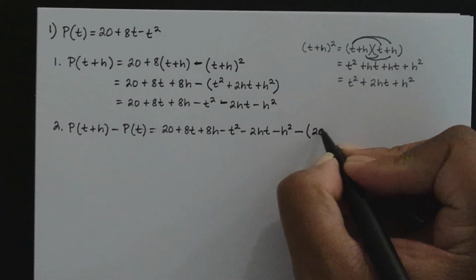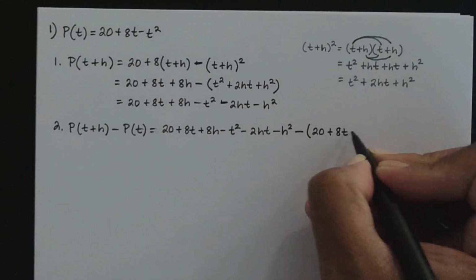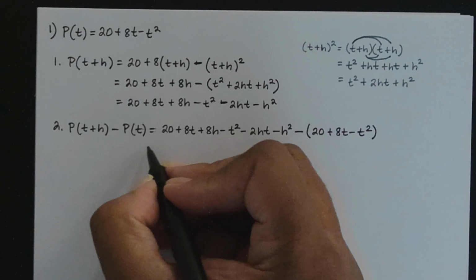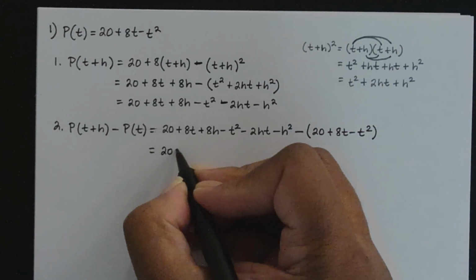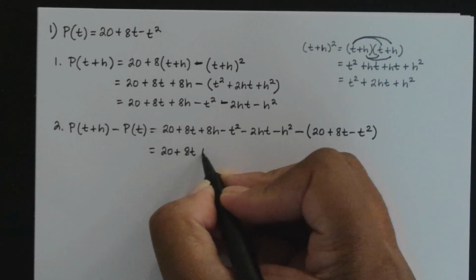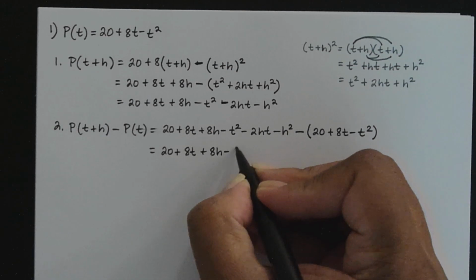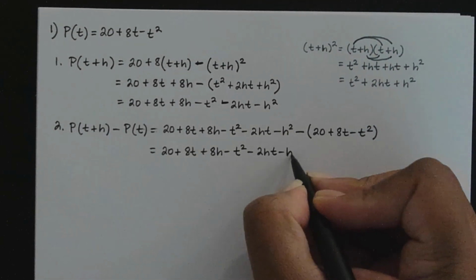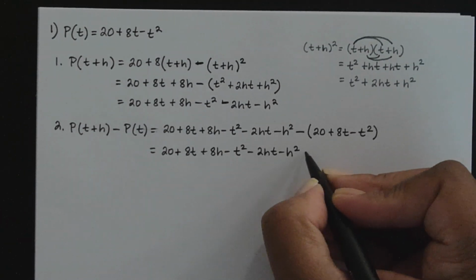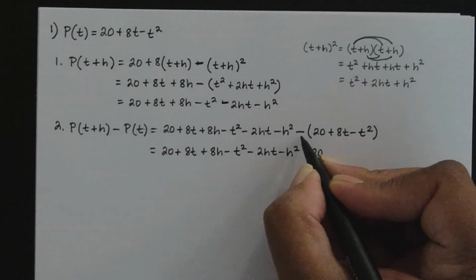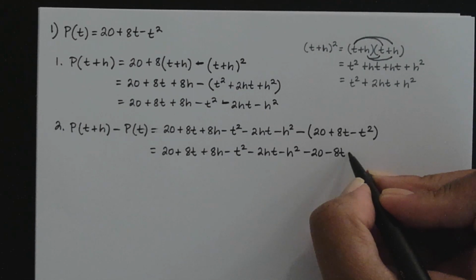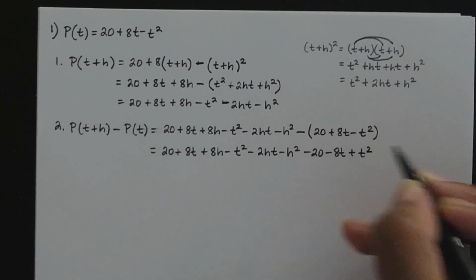P of T is that 20 plus 8T minus T squared. I'm going to bring all of this down. Now again, the minus sign makes the 20 minus 20. Minus sign makes the 8T minus 8T. And the minus sign makes the minus T squared a plus T squared.